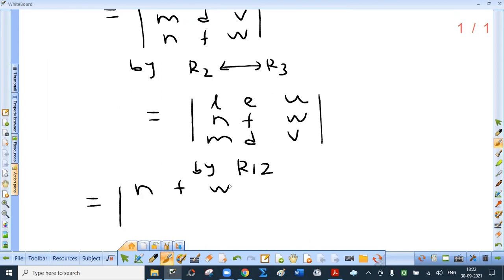Nothing, it is as it is. So m, d, v, you will notice that this is nothing but the required determinant. Just check: n, f, w; l, e, u; m, d, v. Yes.